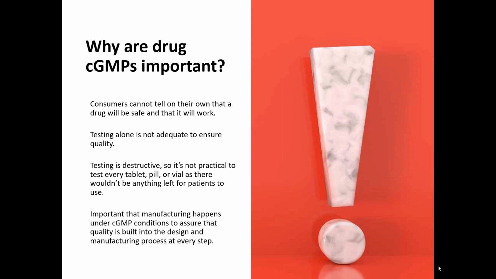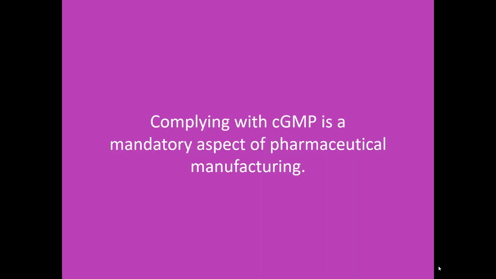Therefore, you need to have a foundation of good manufacturing practices in place to ensure that how that drug is designed and manufactured is done in a good manner, in a hygienic way, for example, in an environment that is suitable for the manufacture of that drug. Those are good manufacturing practices. And complying with cGMP regulations is mandatory if you are manufacturing a drug.